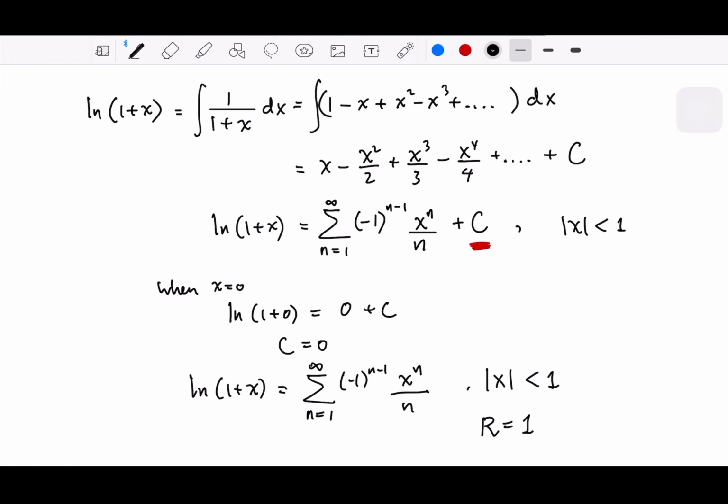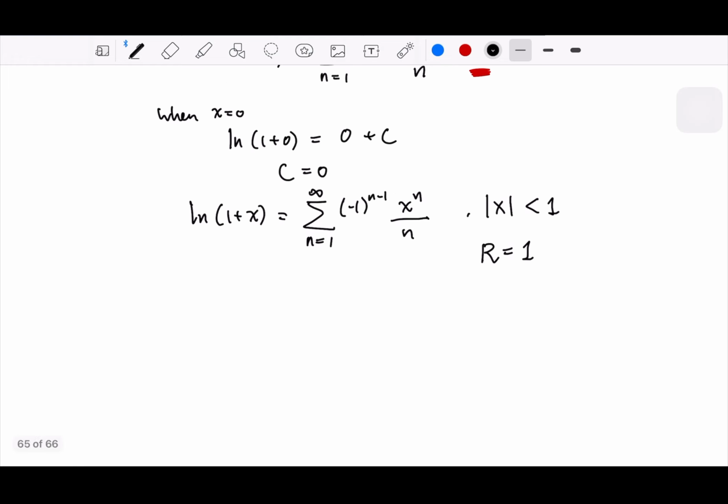For example, the most obvious one is if we have something like 1 over 1 plus something, it can be represented. Like if you remember 1 over 1 plus x squared. If we manipulate those functions, we can also relate that to tangent inverse. So that's also one of the obvious examples.